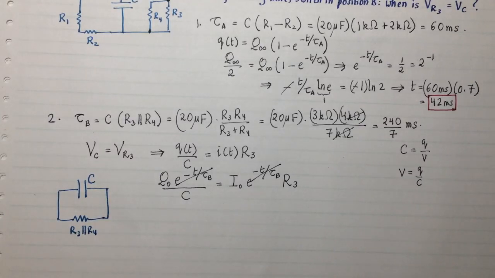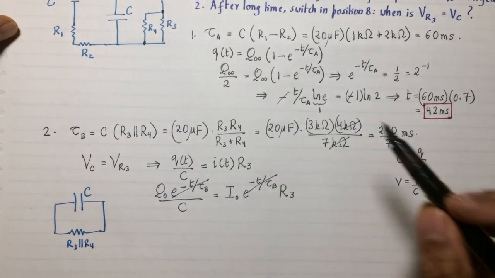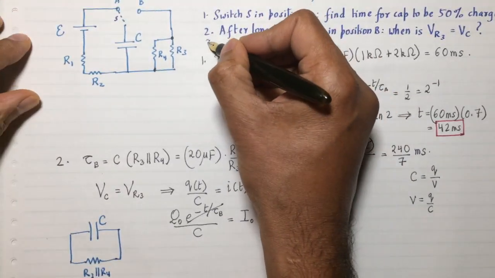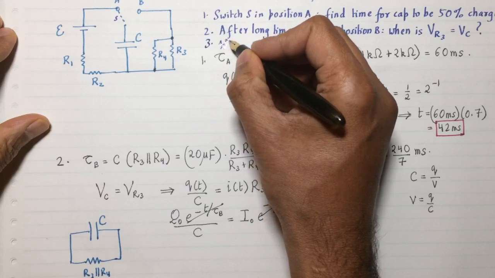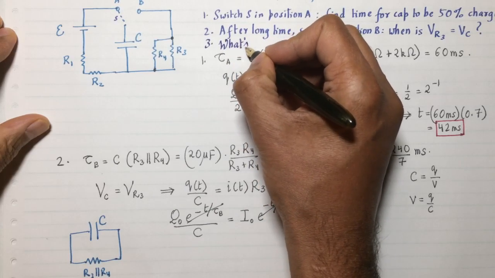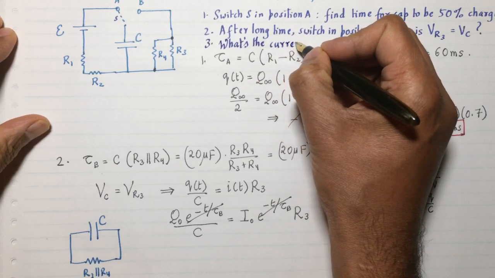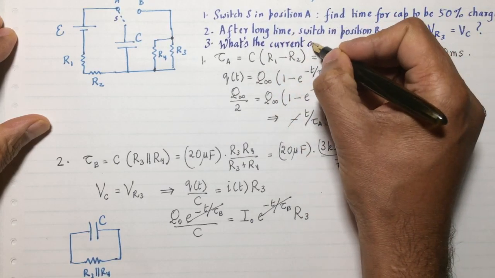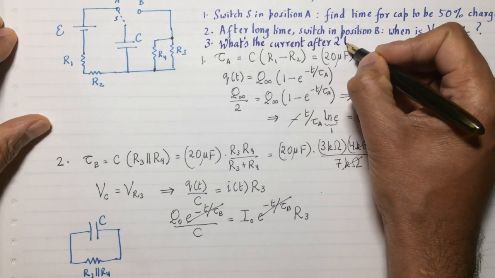So let me modify my problem a little bit. Let me do a third part. What's the current after two time constants?